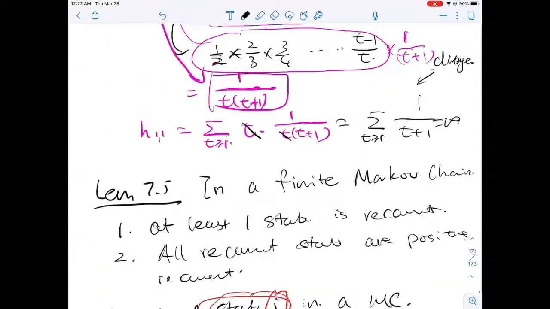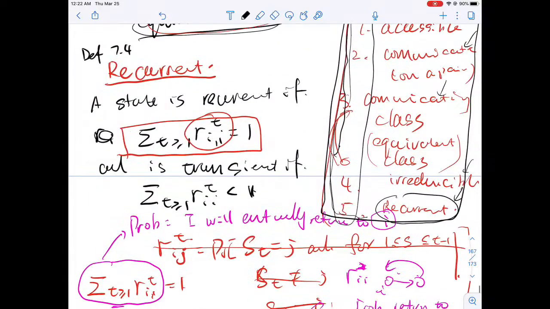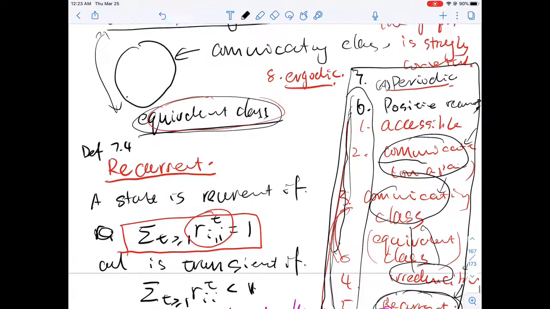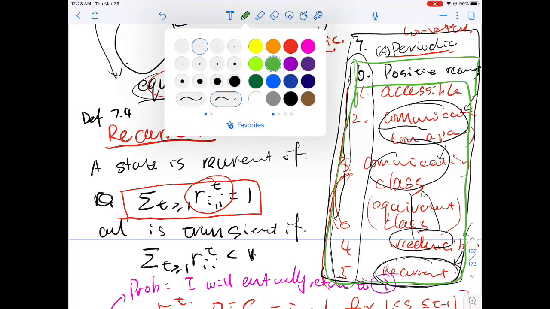Right. So now let's recap. Conceptually, we start with accessible, then we can talk about communicating. After communicating, irreducible just says that everyone communicates. Recurrent says that not only is it irreducible, but the chance of coming back to the same state is probability 1, and this set would be the same set, progressively talking about the same sort of things, including the positive recurrent.